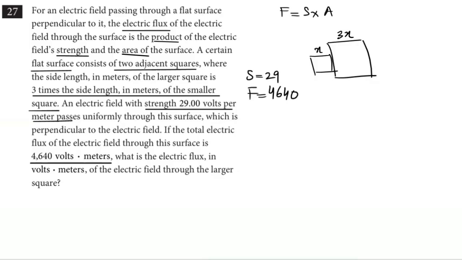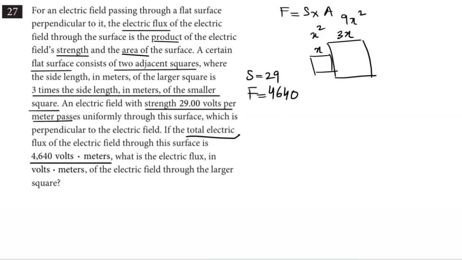But this is for the whole, the total electric flux, meaning on the complete surface. So let's apply the similarity idea of area. If this area is x squared, then this is going to be 9x squared, since the area ratio is the square of the side ratio.